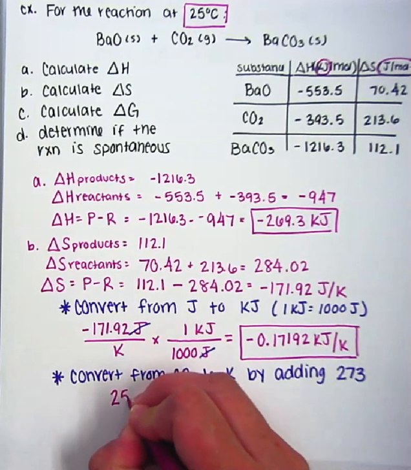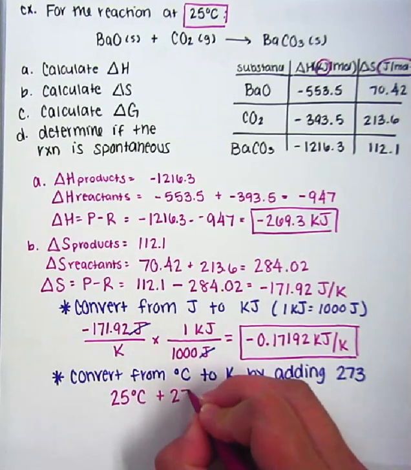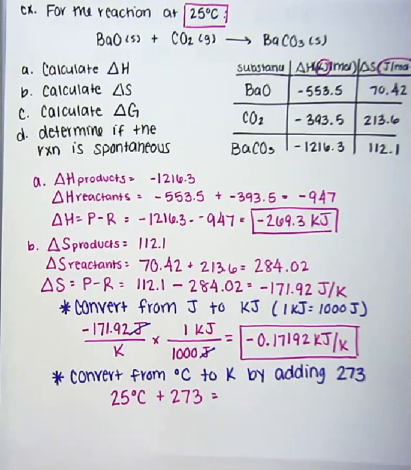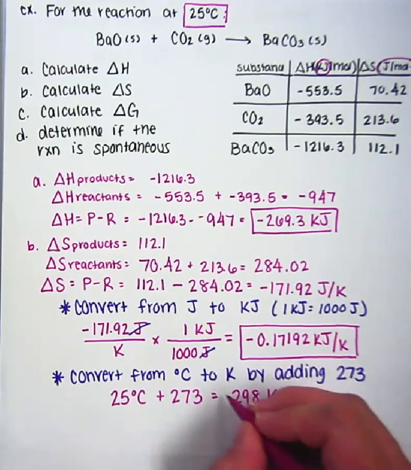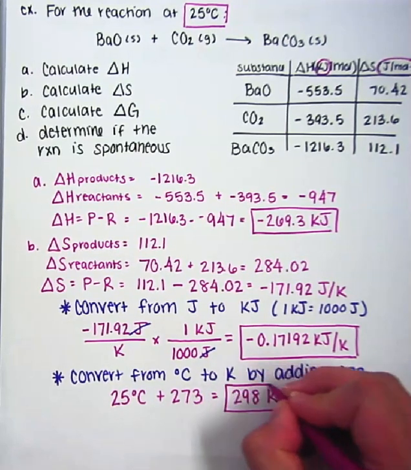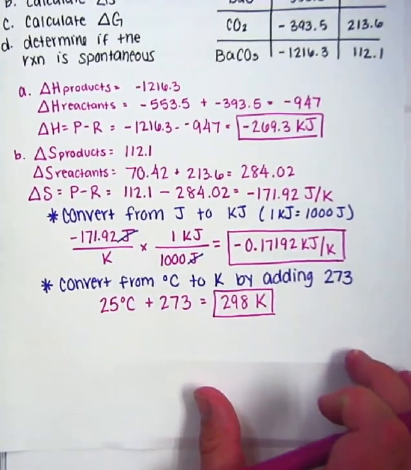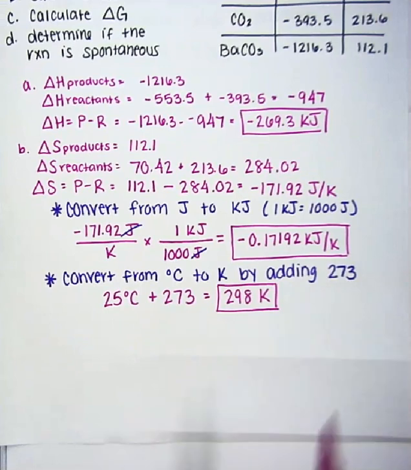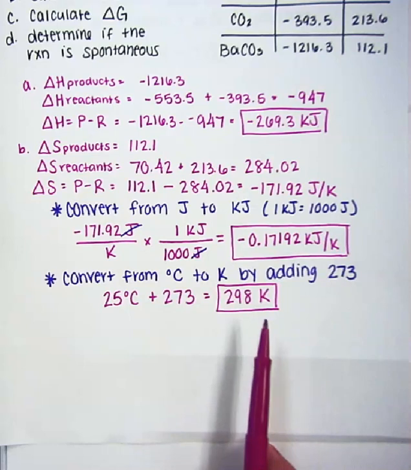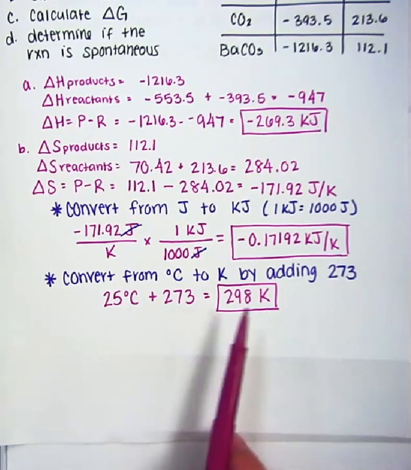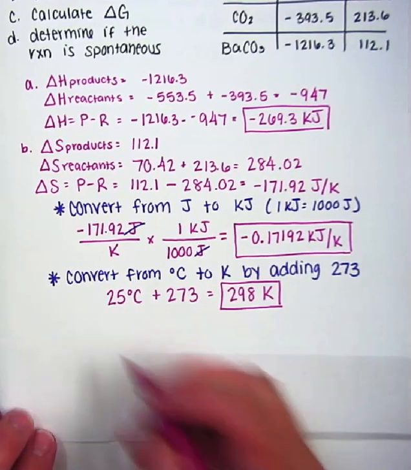So I'm going to take my 25 degrees Celsius plus 273. My temperature would be 298 Kelvin. Kelvin is a unit of temperature. It does not have a degree sign. The two biggest mistakes that students make: 1, not converting entropy to kilojoules, and number 2, we want to plug in 25 degrees Celsius instead of converting to Kelvin.